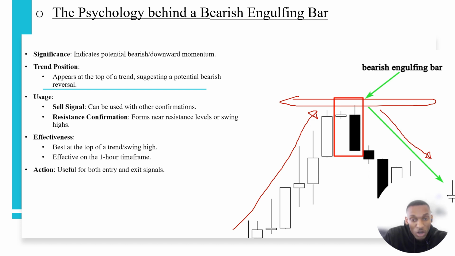That is one. Or it means that you can anticipate a bearish reversal. So this was bullish movement, and then we see it at the top of a trend near a resistance level. Anticipate a bearish reversal, meaning price will start to change its direction and go downwards. As you can see, it is forming here.